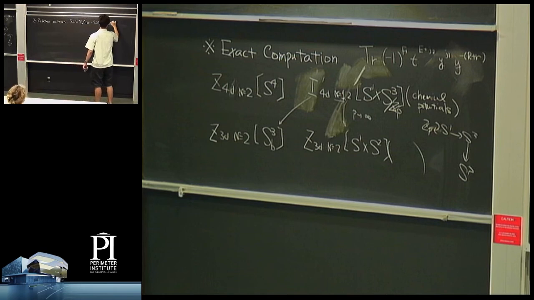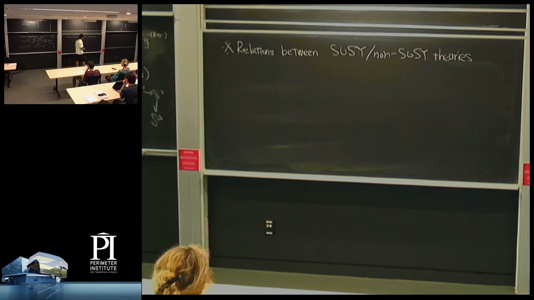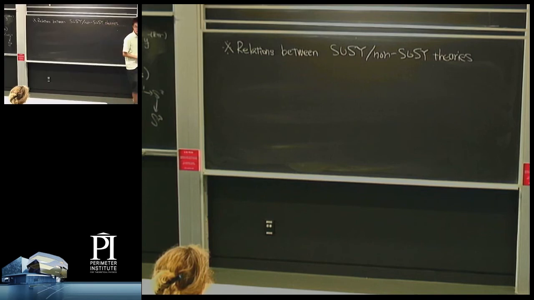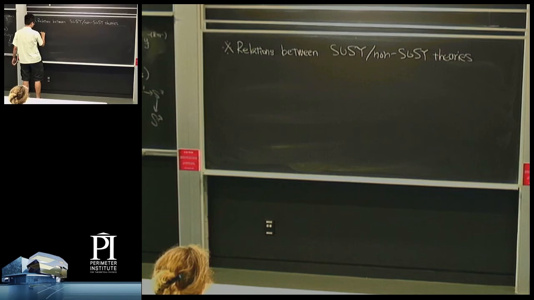Well, relation is a little bit of an ambiguous word, so I'd like to make it clearer. It is believed to come from the dimensional reduction of the mysterious 6-dimensional (2,0) theory. And a good example for this: let's start from the 6D (2,0) theory.